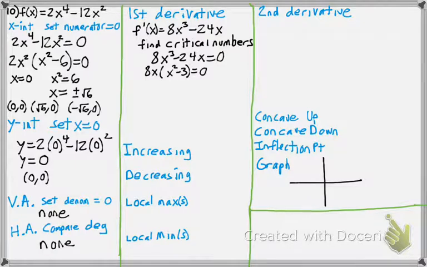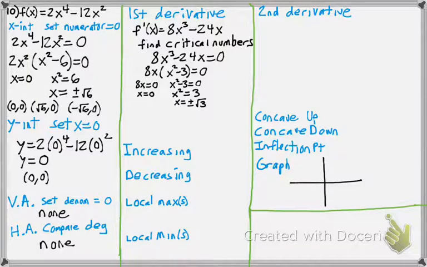So then if I solve here, I have 8x is equal to 0, so x is equal to 0. And then I have x squared minus 3 is equal to 0. So x squared is equal to 3. And then if you take the square root of both sides, x is equal to plus or minus square root of 3.